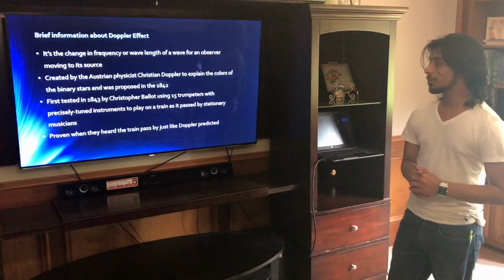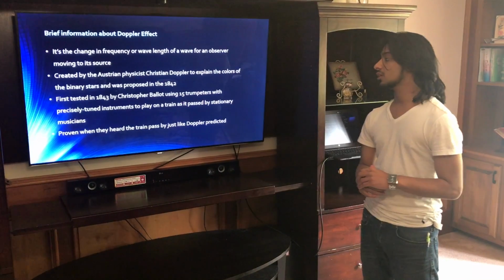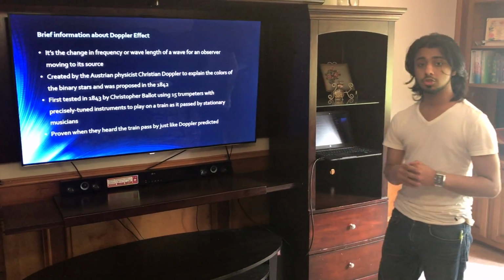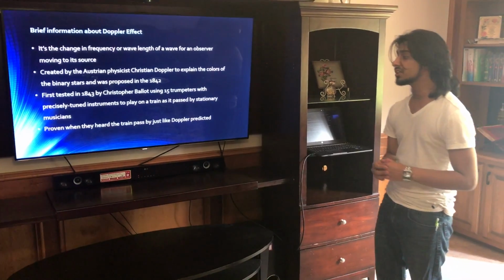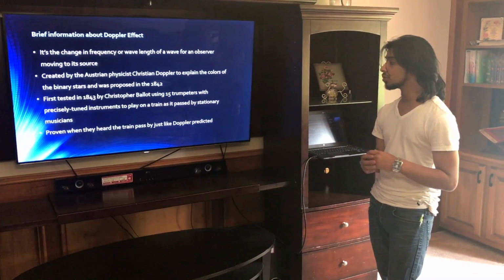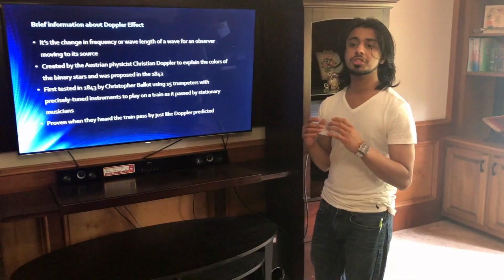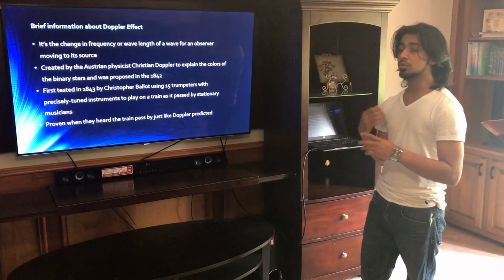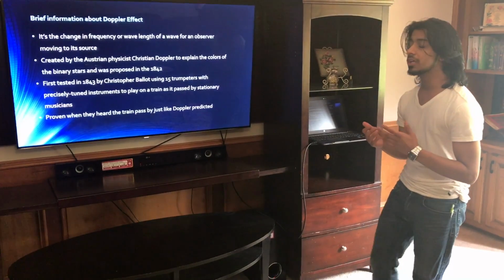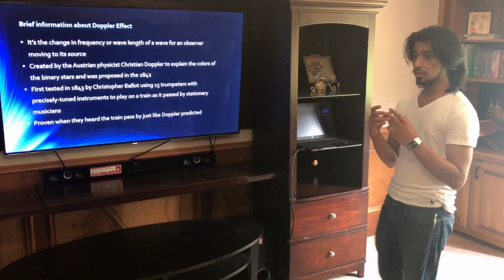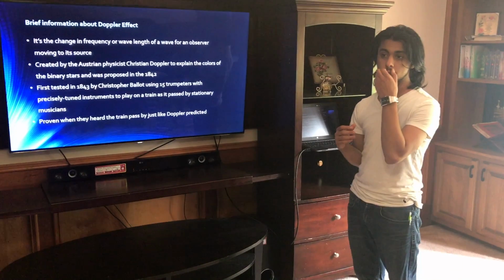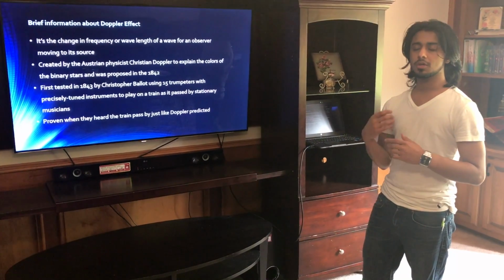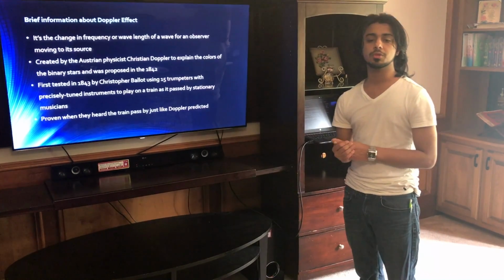It was first tested by Buys Ballot in 1843 using 15 trumpeters with precisely tuned instruments to play on a train as it passed by the musicians. It was proven when they heard the train pass by and there was a brief change in the frequency of the sound. That was when Doppler's theory was proven.